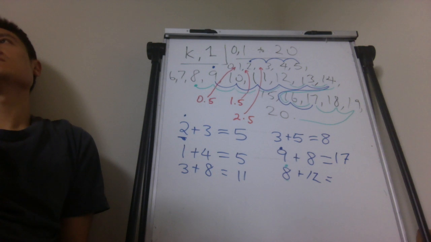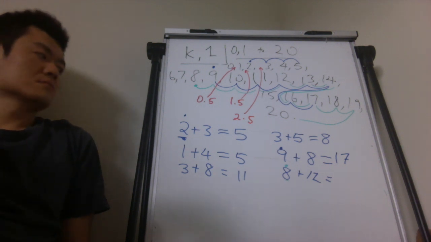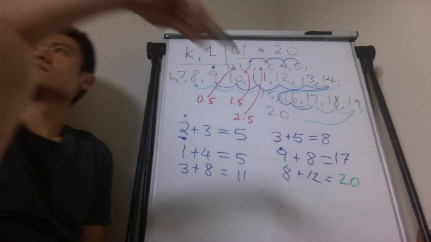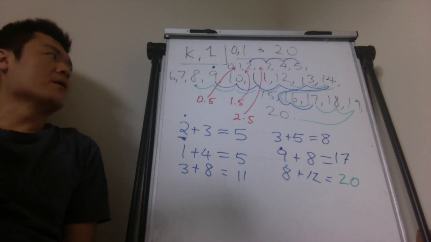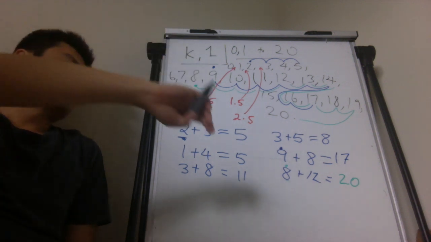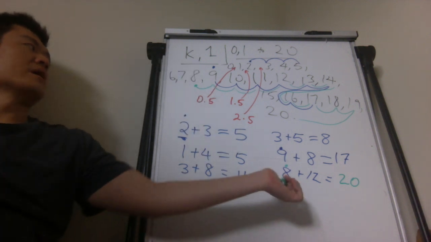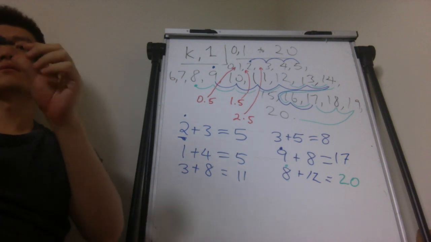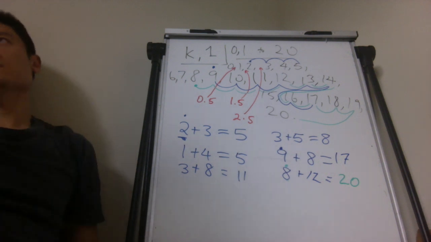And now you have to put it 20. Yeah. Good. Okay. So listen to this, okay? You can get to the 20 starting from 8 and counting 12 times, yeah? See that? 20, yeah? Plus 20 means it's going to be 30, right?